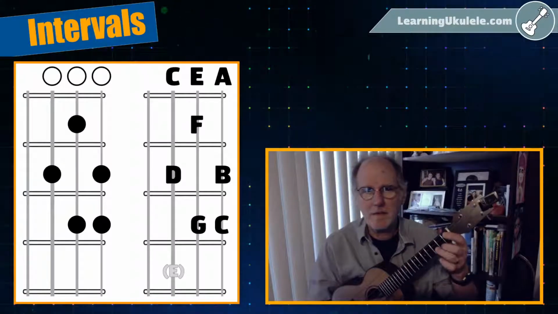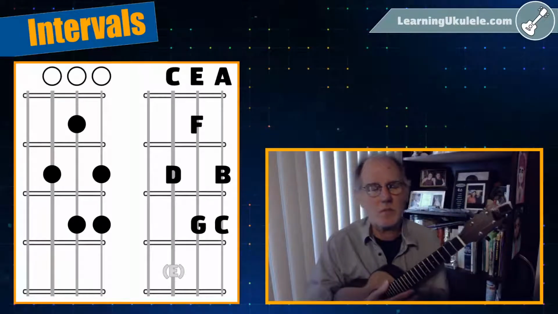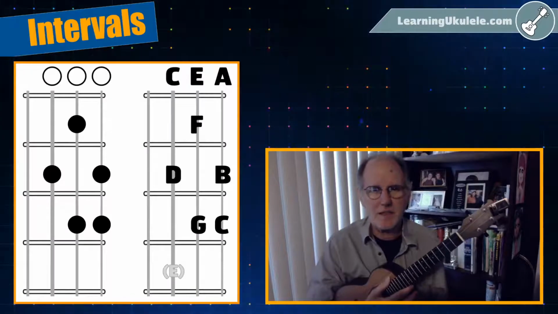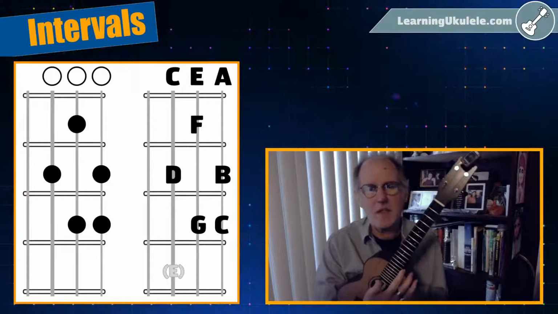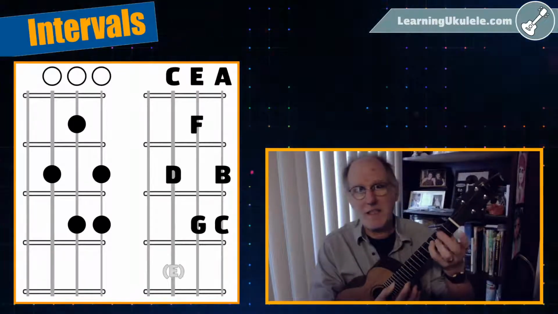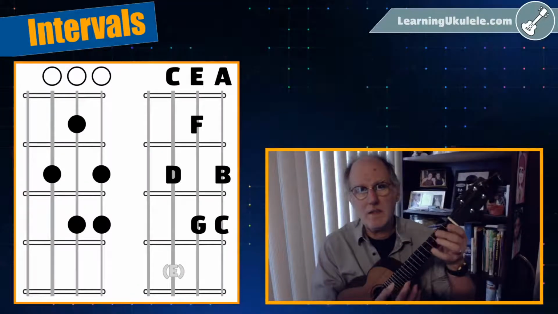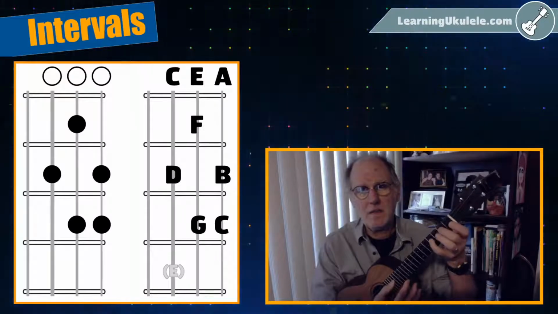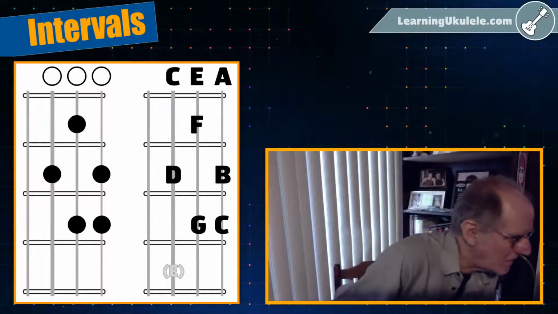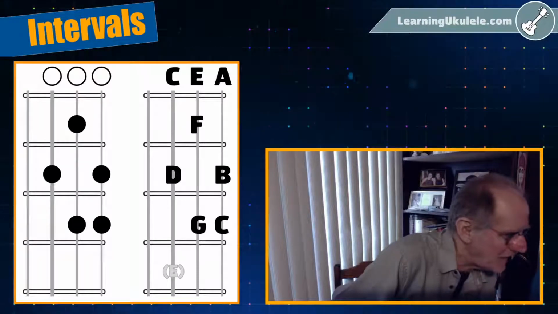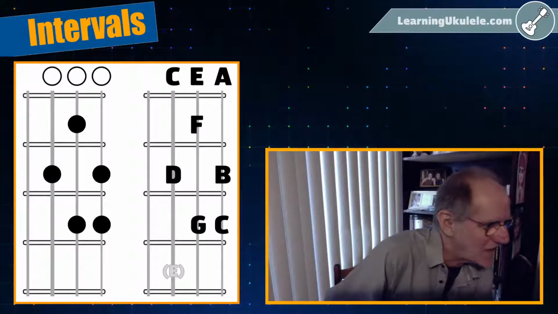Now, here's where more work is entailed to playing this on a stringed instrument like the ukulele, is the E. I could have played the E here. There you go. Oh, this one, By the Light of the Silvery Moon. Once you figure out what the key is, this is the key of G. It starts on a B note.